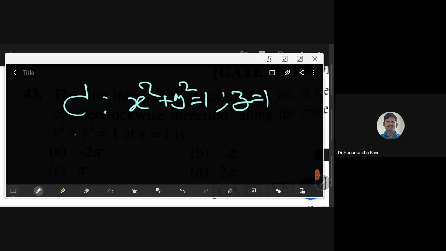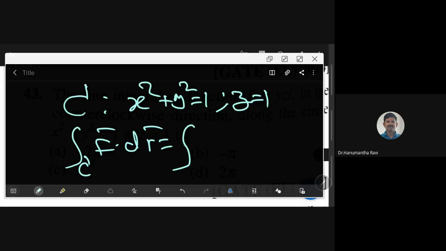The line integral of f bar dot dr bar over C, I'm talking about. So y I can write from here as square root of 1 minus x square, and your z is 1.